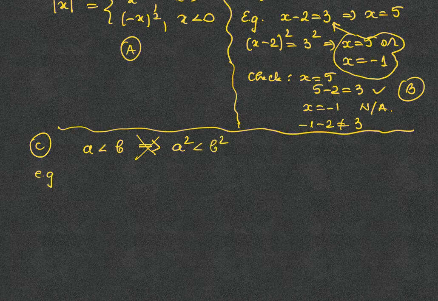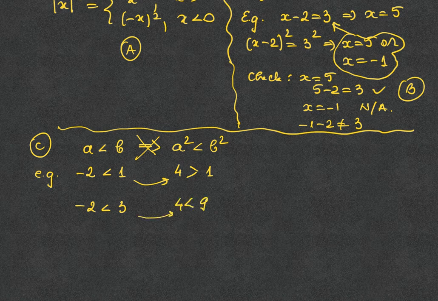For example, minus 2 is smaller than 1. If I square both sides, I get 4 and 1, where 4 is bigger than 1. See? But minus 2 is smaller than 3. If I square, I get 4 and 9. So the sense of the inequality is kept.